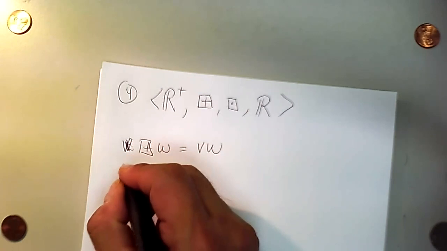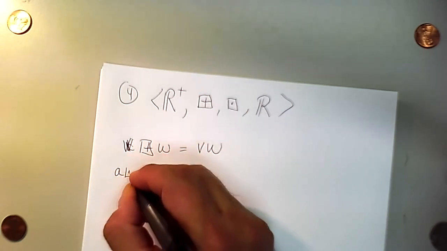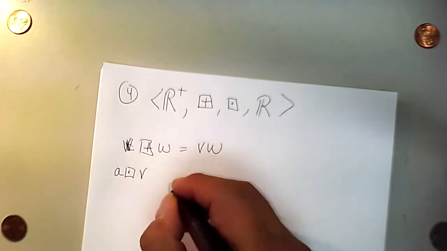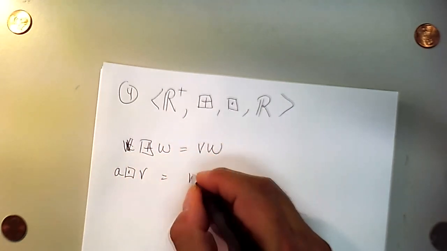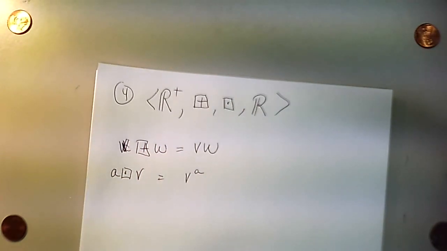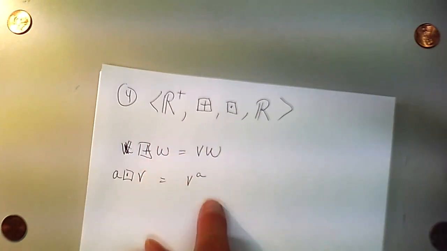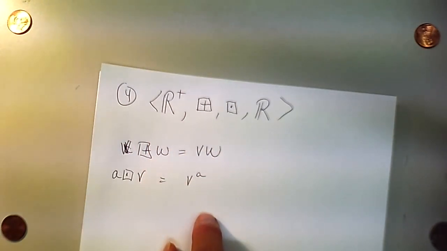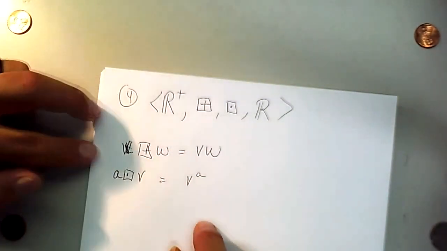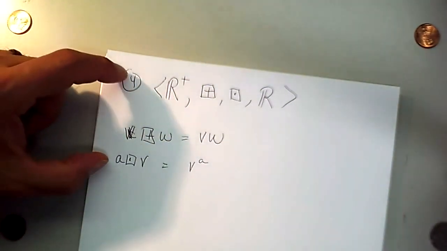If you have a constant, say A, scalar multiplied with V, we can rewrite this as V to the A. And that defines a vector space. I'm not positive, but I might ask you questions about this particular set in assessments.